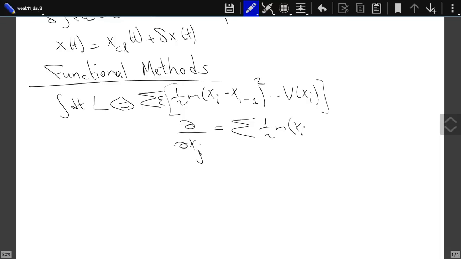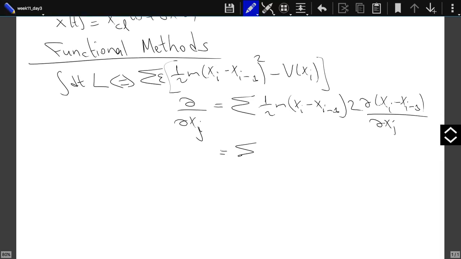The derivative here will give me (x_i minus x_{i-1}) times twice the derivative of (x_i minus x_{i-1}) with respect to x_j, and then we have the potential term, minus the sum over epsilon times the derivative of V of x_i with respect to x_j.